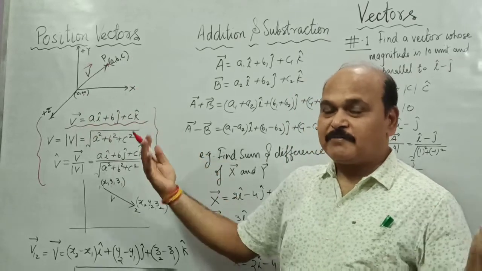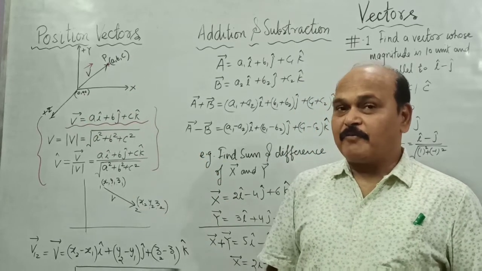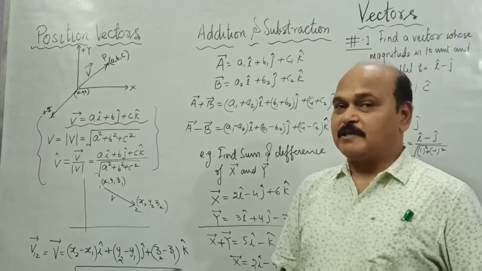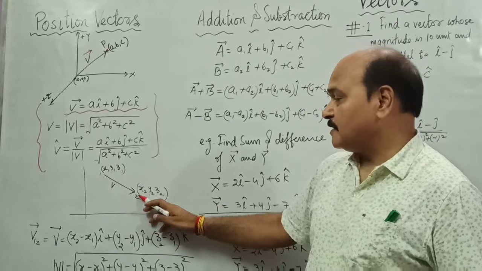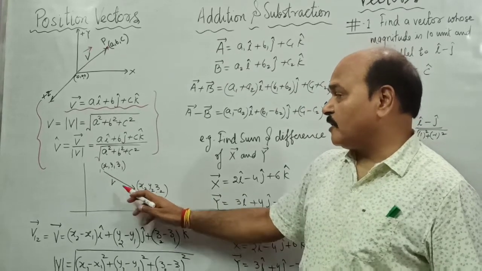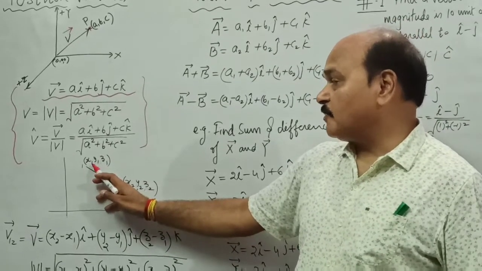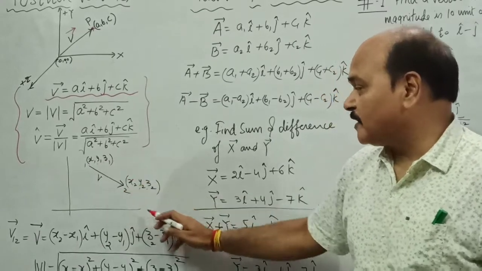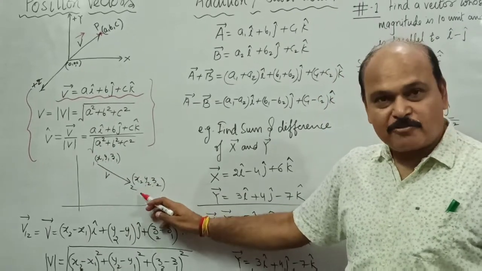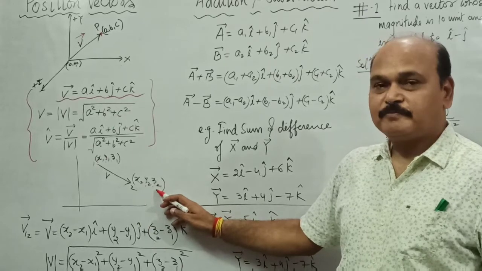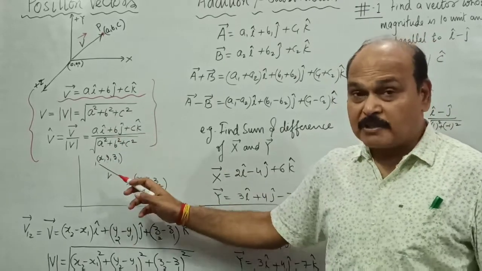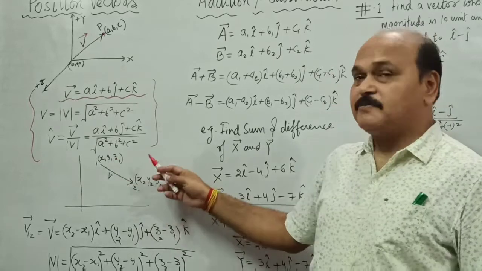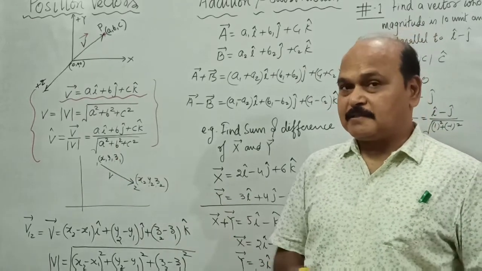Now what happens if the tail of a position vector is not at the origin? Like this. This is a position vector. The position coordinates of the tail are x1, y1, z1 and the position coordinates of its head are x2, y2 and z2. So what are its intercepts, the lengths of this vector along the x, y and z axes?